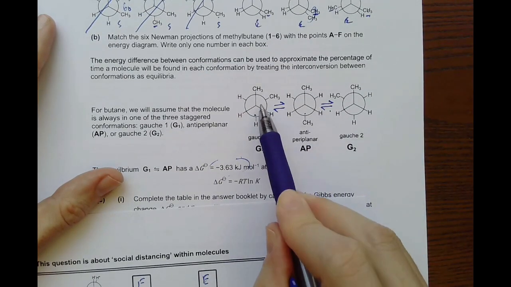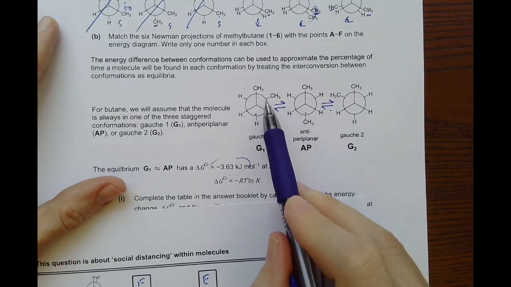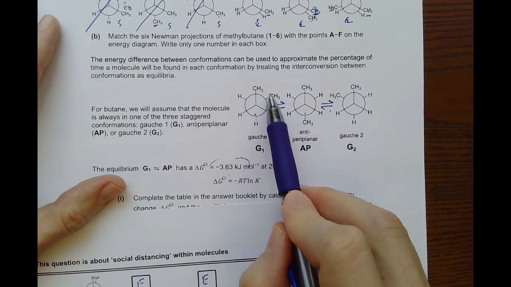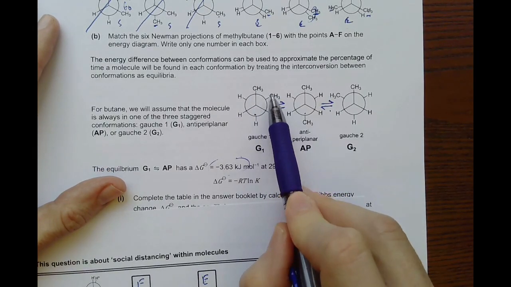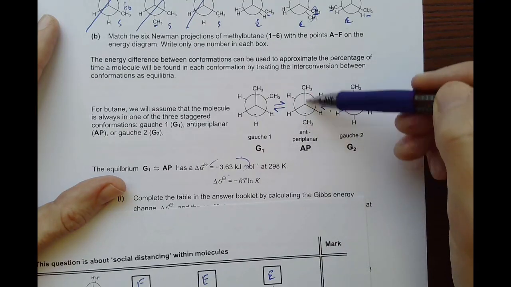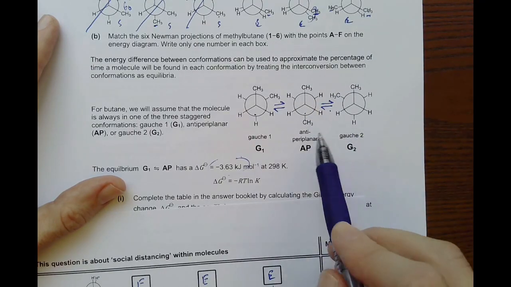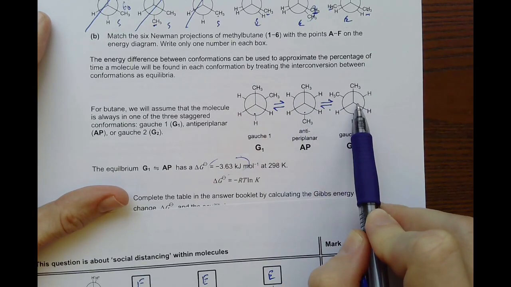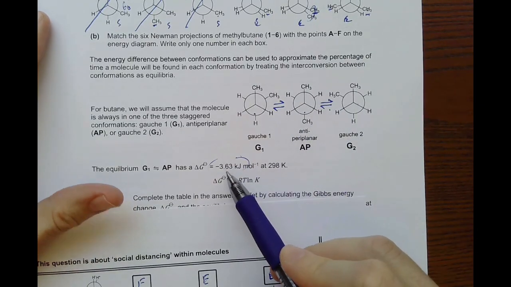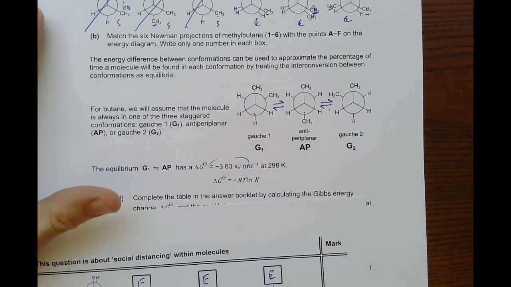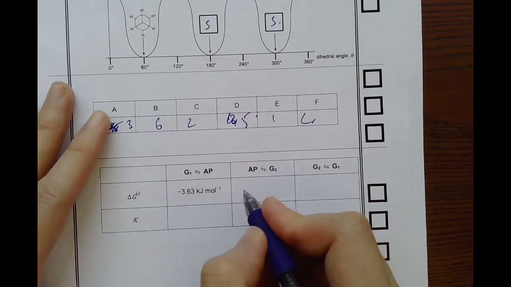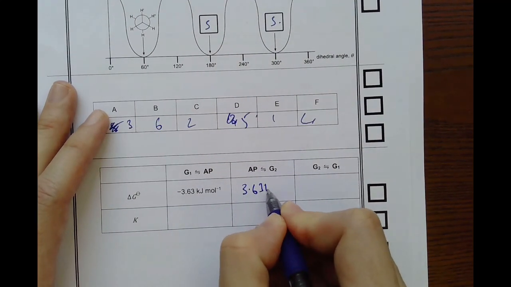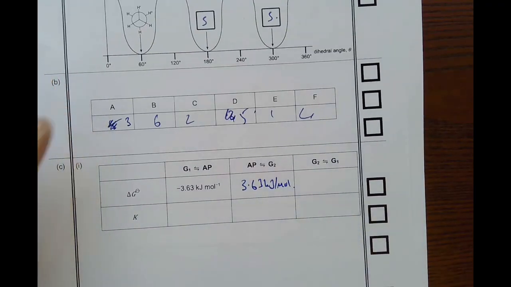So that is a spontaneous process, which makes sense because here they're slightly close together, whereas in the antiperiplanar they're as far away from each other as possible. Now, if this is a spontaneous process, this is going to be a non-spontaneous process, and it's the opposite of this. So for AP to G2, we can just go 3.63 kilojoules per mole. It's the opposite process.